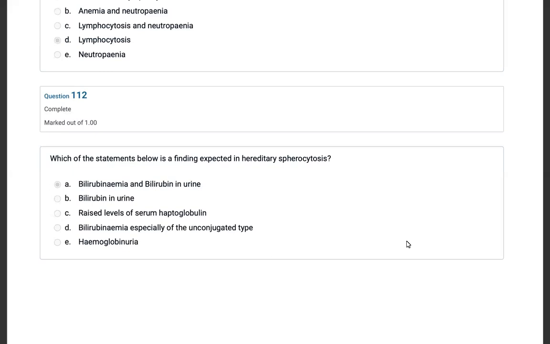Okay, so that's a great explanation. Another explanation is that when you look at the metabolism, unconjugated bilirubin is normally transported using albumin. And you know that when you want to filter in your kidneys, things that are bound to plasma proteins are not going to be filtered.